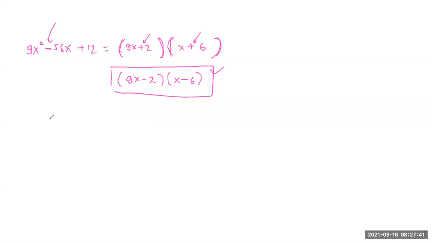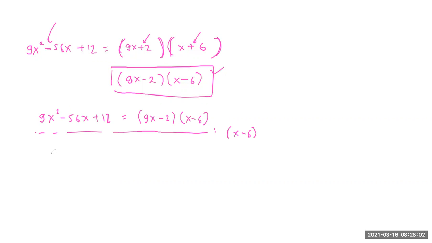If I put it into a complete statement, this polynomial is a factor multiplied by a factor. Therefore, if I divide by a factor, which is x minus 6, then 9x squared minus 56x plus 12 divided by x minus 6 will be 9x minus 2. Do you agree?